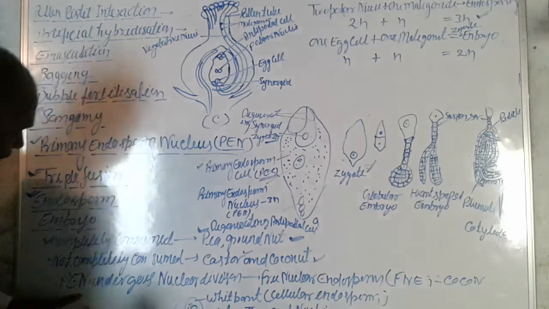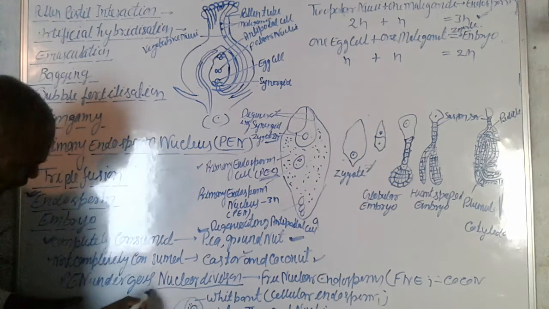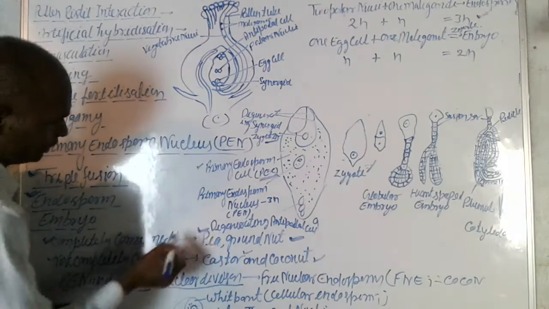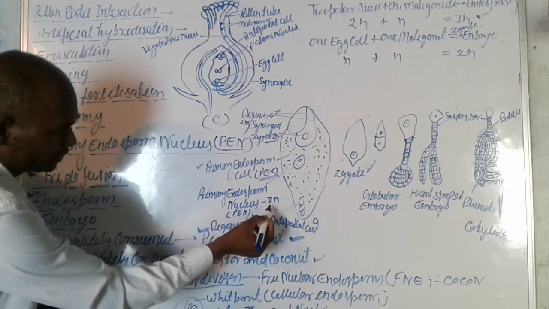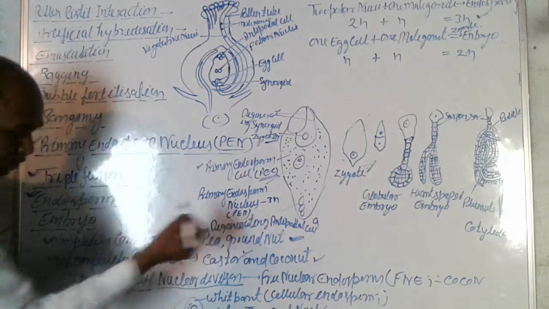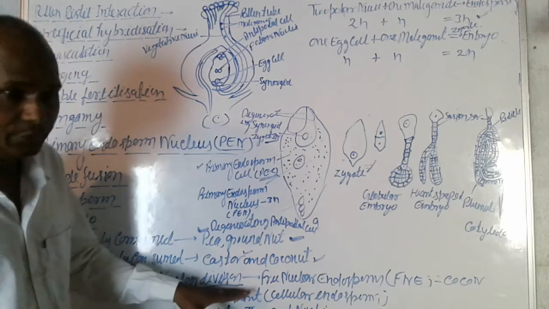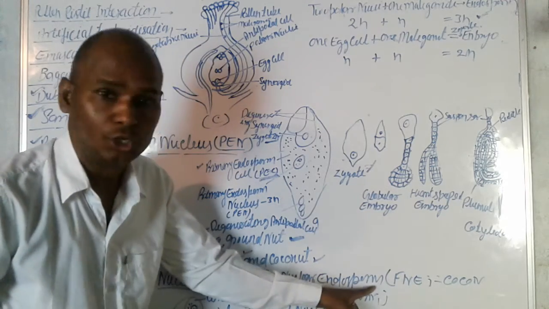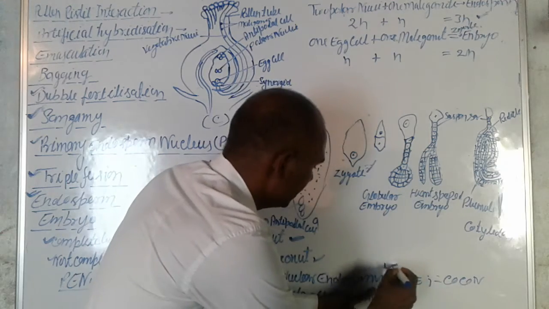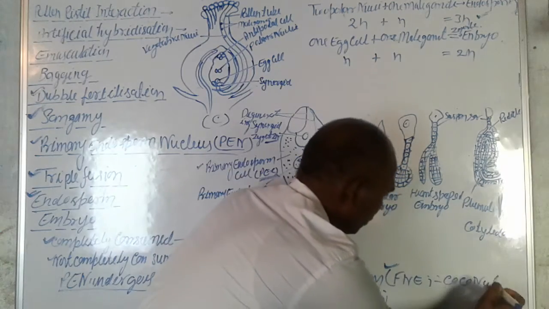The PEN undergoes nuclear division, meaning the primary endosperm nucleus undergoes nuclear division. These are the free nuclear endosperm, as in coconut.